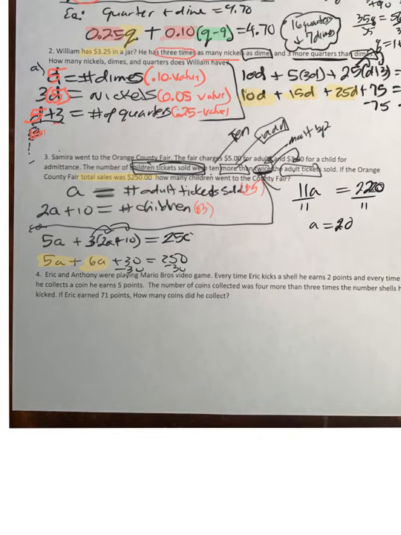So wherever we see an A, we're going to replace it with 20 because now we know there are 20 adult tickets. So therefore, there would be 20 adult tickets.